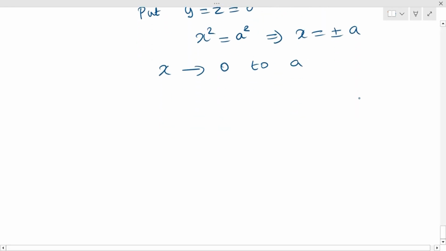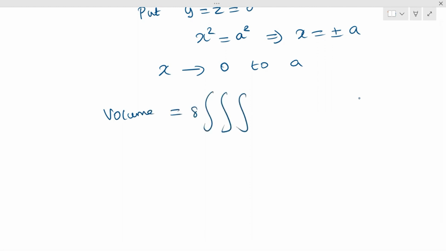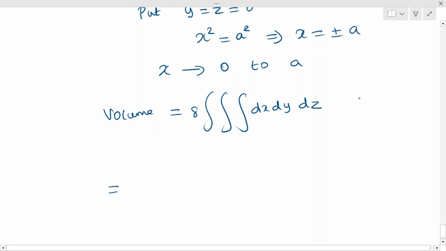So our volume is equal to triple integral 8 times, because we consider only the positive octant, dx dy dz. So now we have to apply the limits. The inner integration limit is for z, that is 0 to root of a square minus x square minus y square.